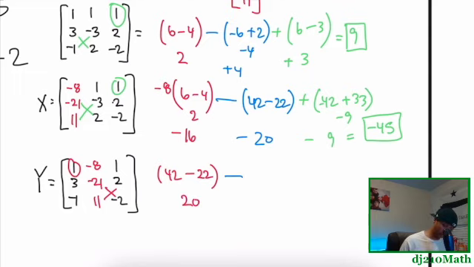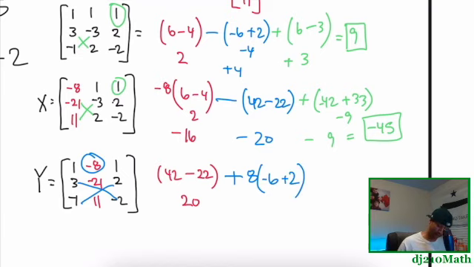Minus, always minus, negative 8. So plus 8. And it's going to be this diagonal. So times negative 6 minus negative 2. So plus 2, which is negative 4 times 8, which is negative 32.